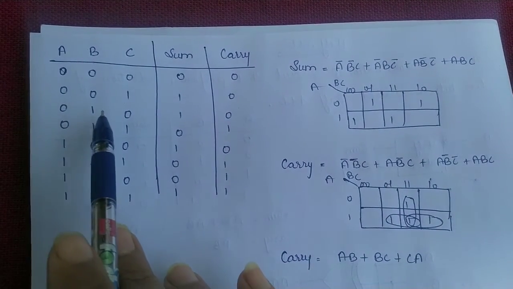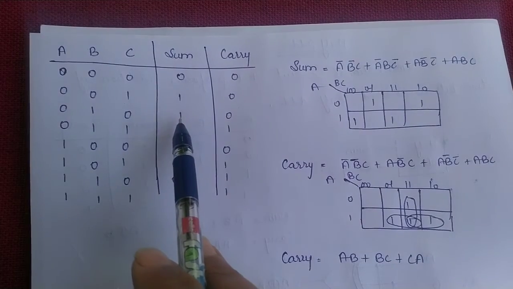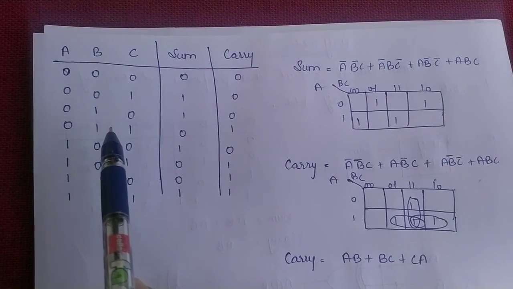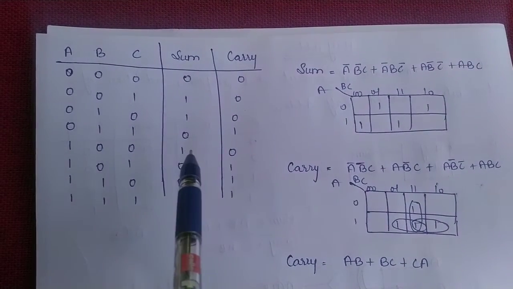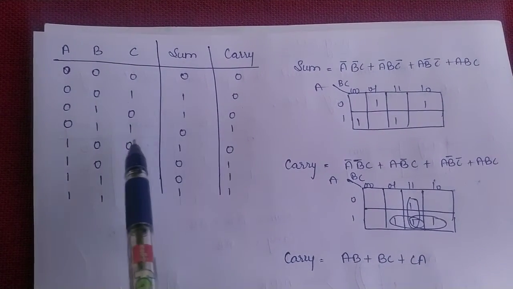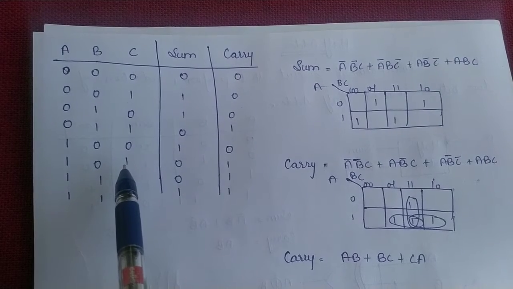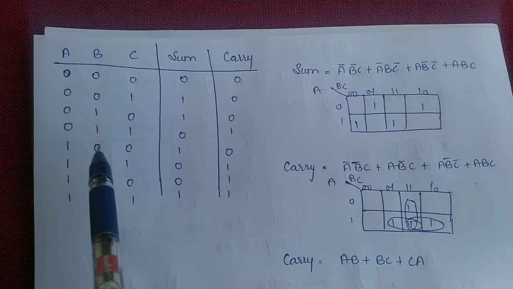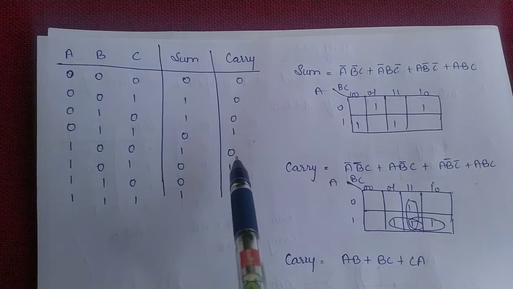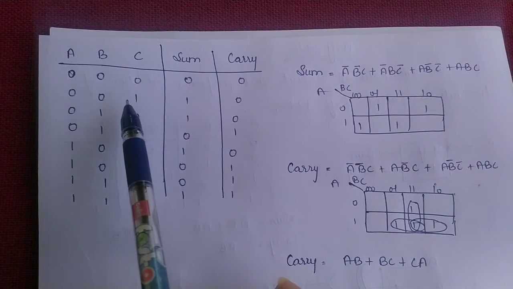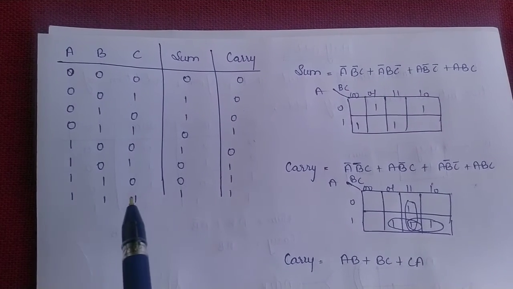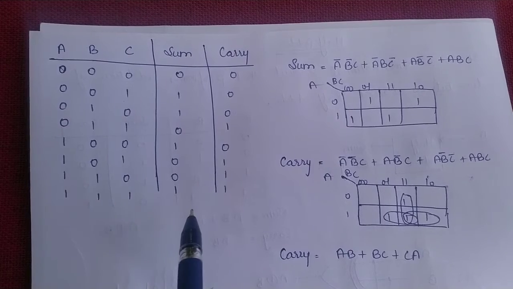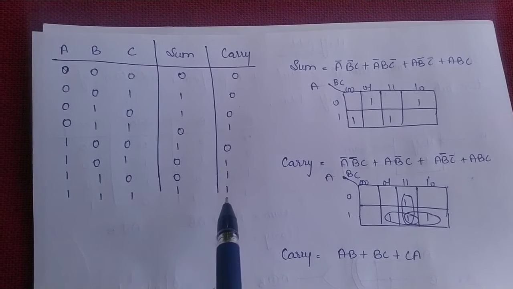If any two of the inputs are 1, then sum will be 0 and carry will be 1, like in this example. And if two values are 0 and one value is 1, then sum will be 1 and carry will be 0, like in these examples. If all three inputs are 1, then sum will be 1 and carry will be 1.